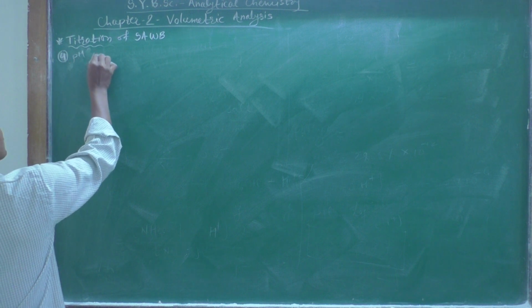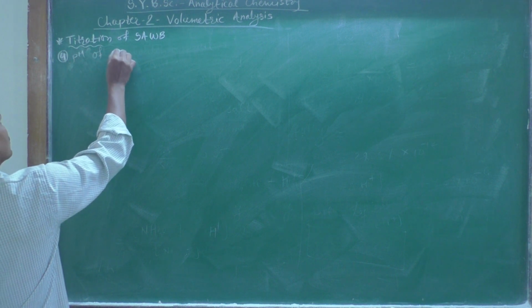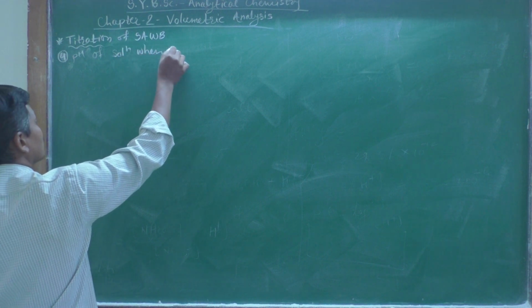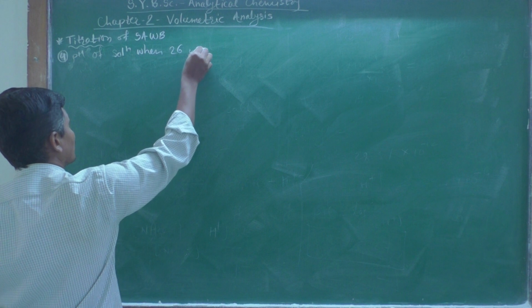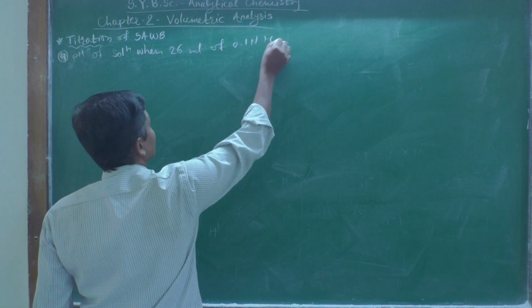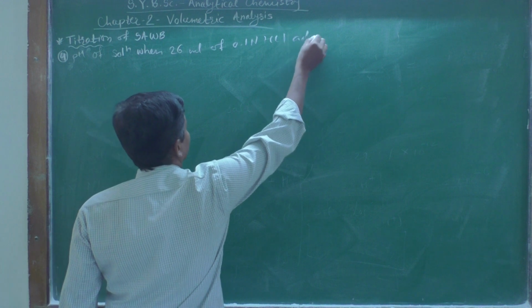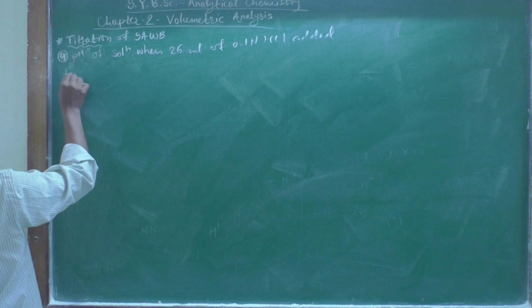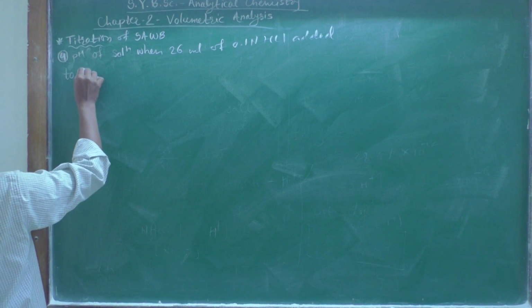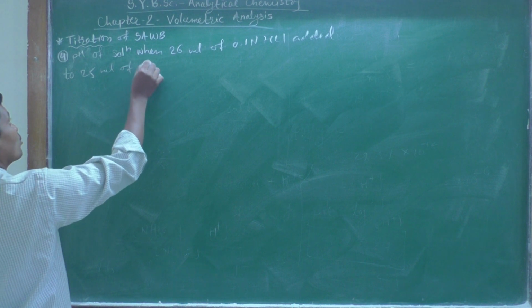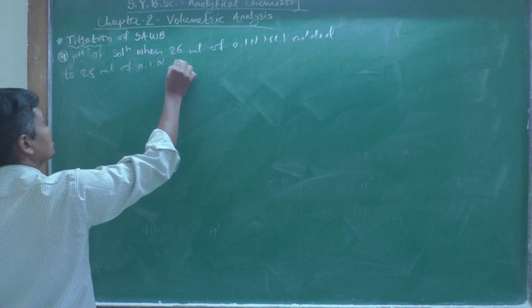That is, the pH of the solution when 26 ml of 0.1 normal HCl is added to 25 ml of 0.1 normal NH4OH.